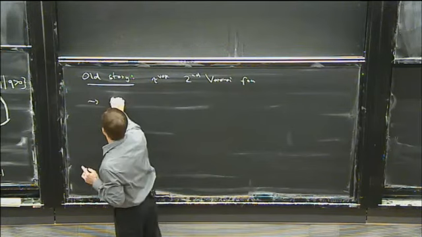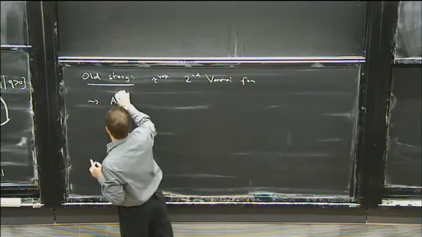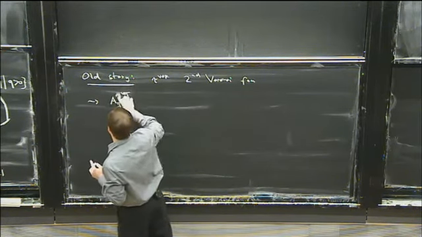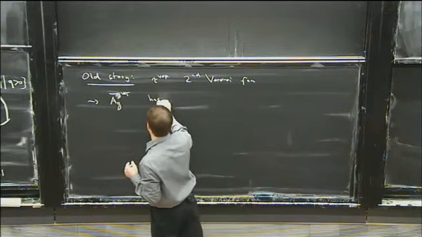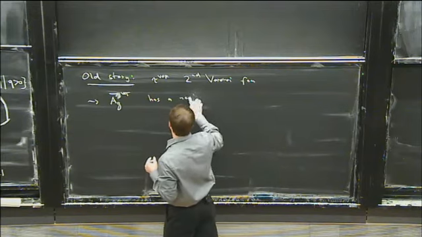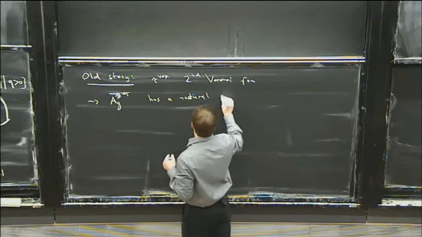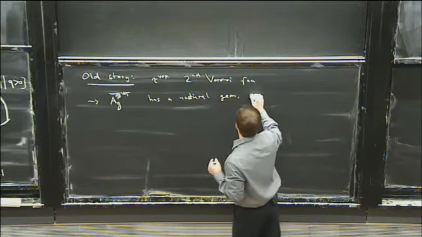The toroidal compactification for this second Voronoi fan has a natural geometric interpretation, has a natural geometric meaning.